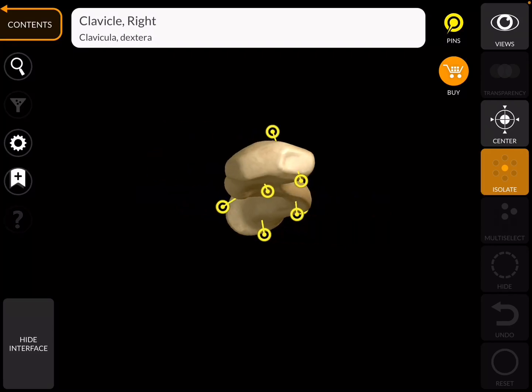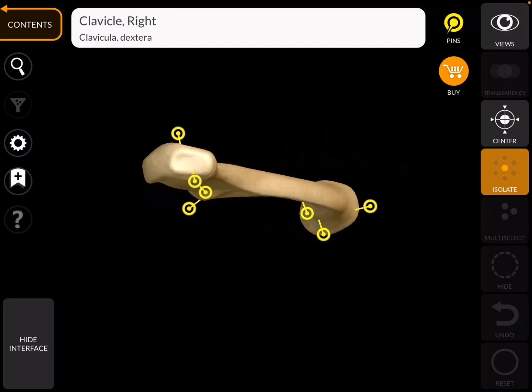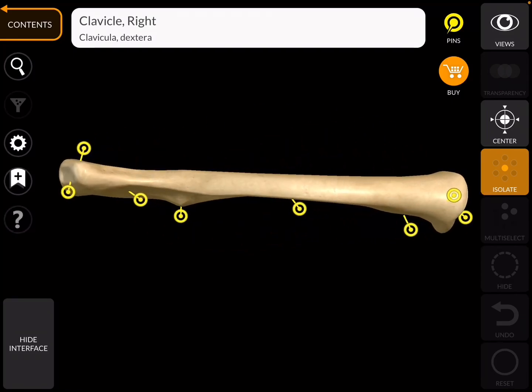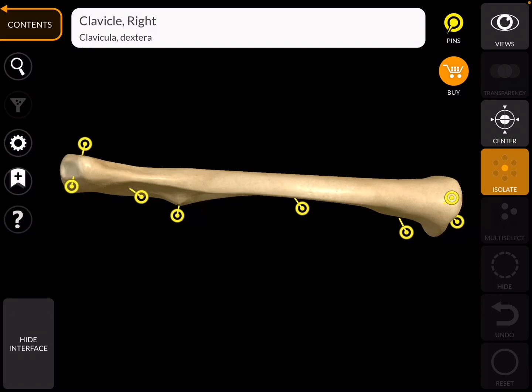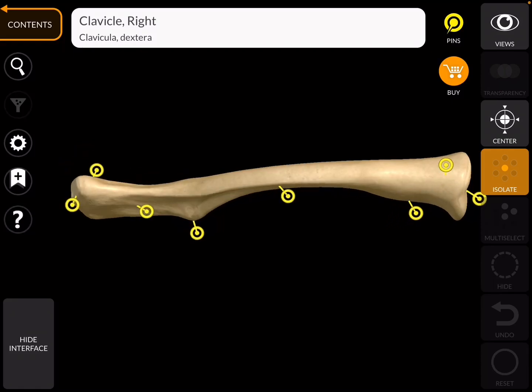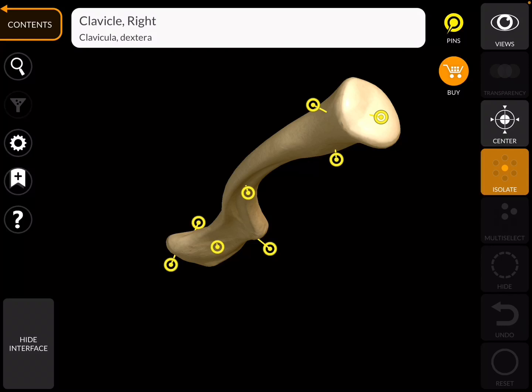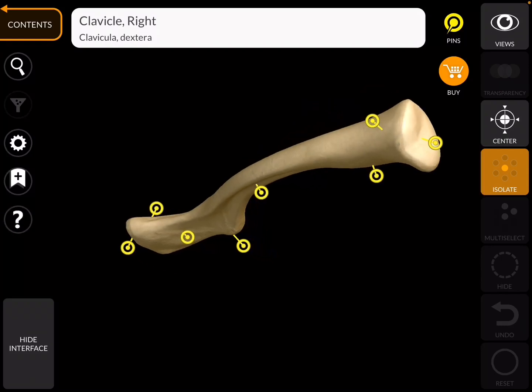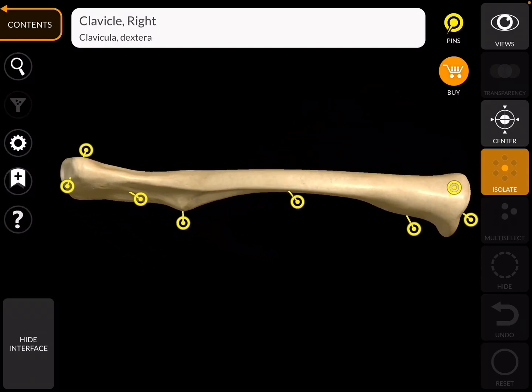The acromial end is flattened. It has a body. This is its body. The body, or what we call the shaft, is convex forward in its medial two-thirds, and on its lateral side it is concave forward in the one-third.